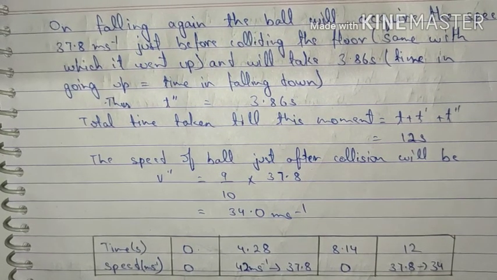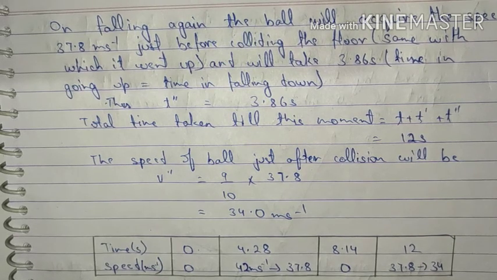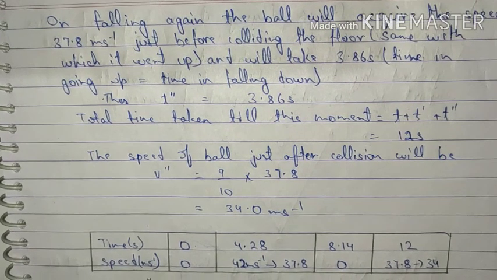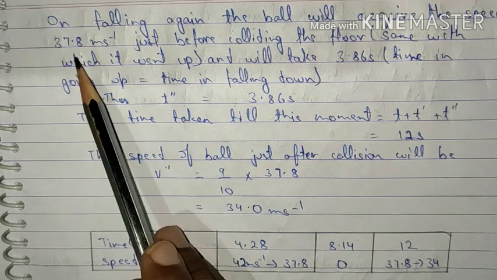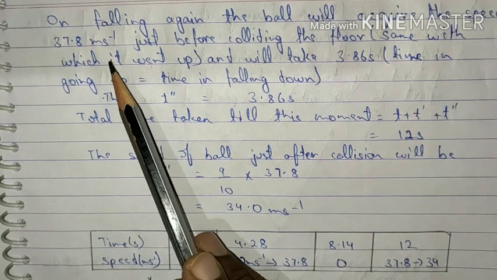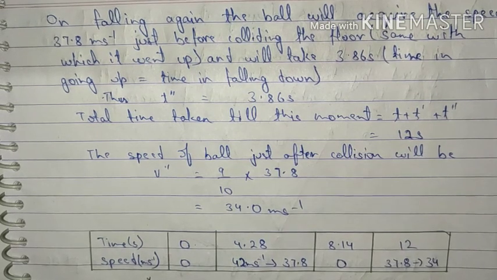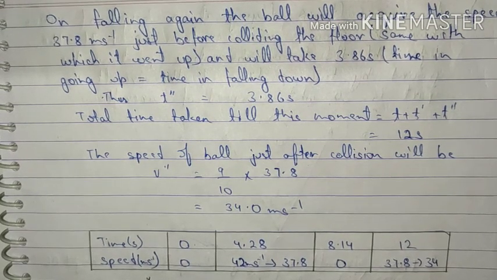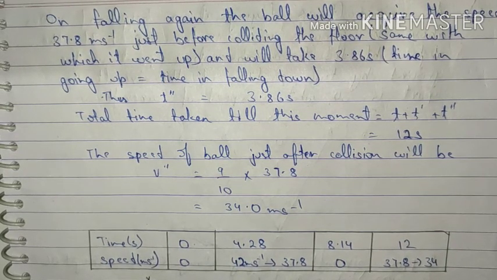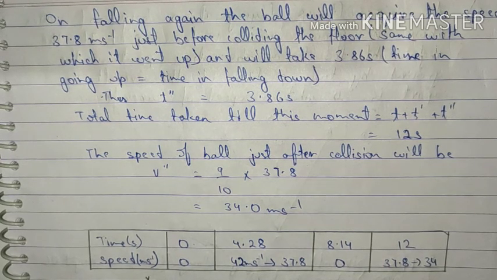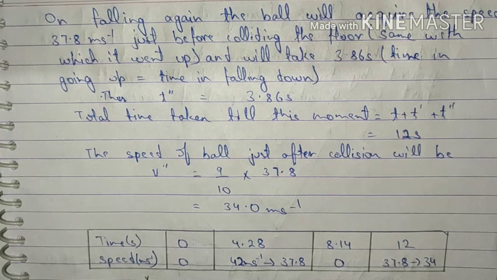Now, once the ball reaches the maximum height, it will fall down again. On falling again, the ball will acquire the speed of 37.8 meters per second just before colliding with the floor. Please note one thing, students. The velocity with which the ball was thrown upwards, or you can say its initial velocity when it started to move upwards, will be exactly equal to the velocity of the ball when it reaches the ground.